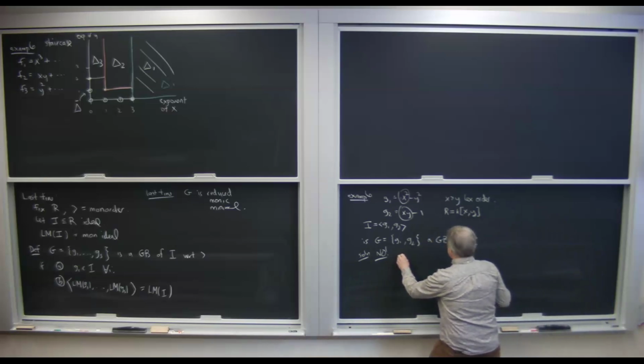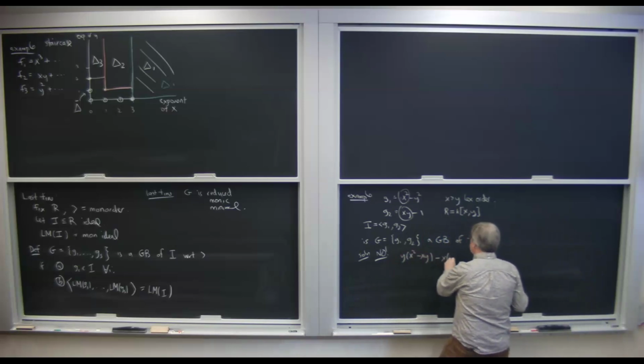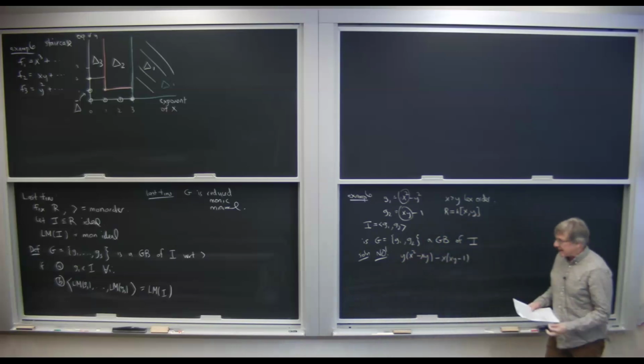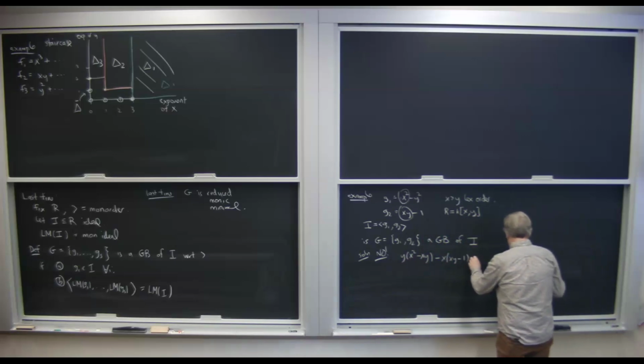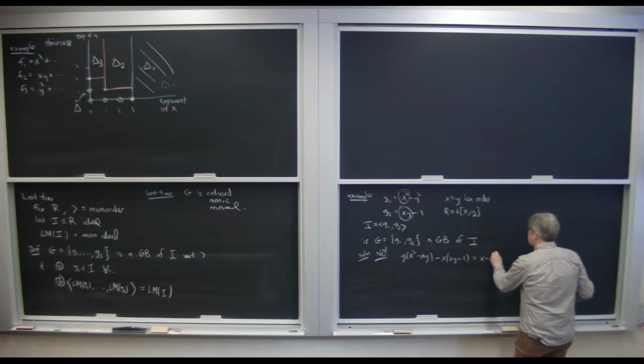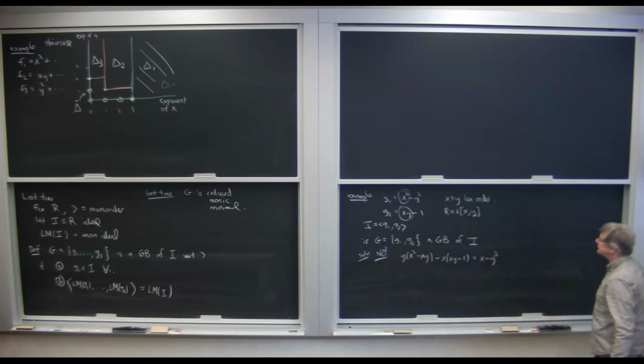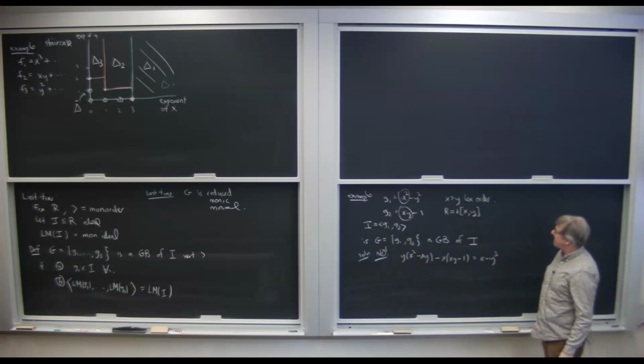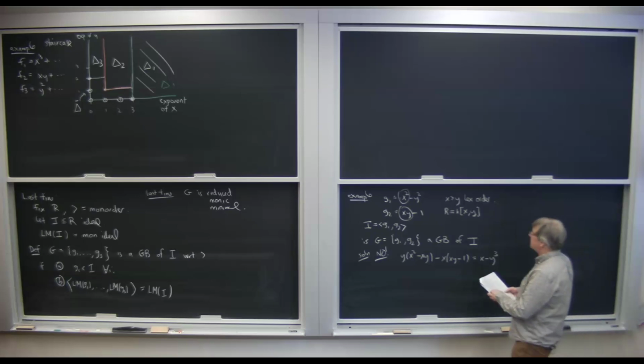Okay, so here, if I take y times x squared minus y squared, and I subtract off x times xy minus 1, this is yx squared, this is yx squared, it's canceling the lead term, and what do I get? I get x minus y cubed if I did it correctly. This is a new lead term.